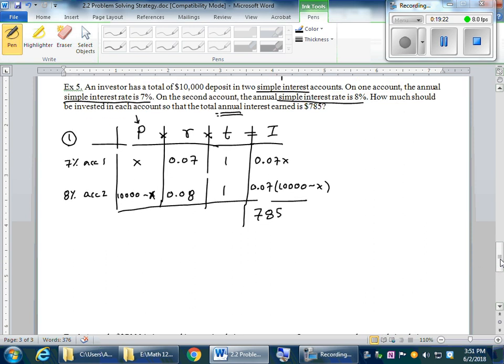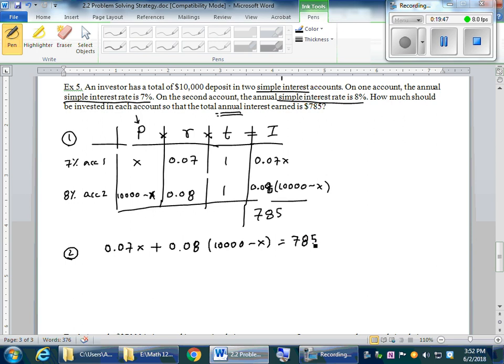Okay, so let's continue on the second step, writing the equations. That will be 0.07x, the interest earned from the first account, plus 0.08. Oh, I made a mistake right here, that should be 0.08, times 10,000 minus x. That will be equal to 785.